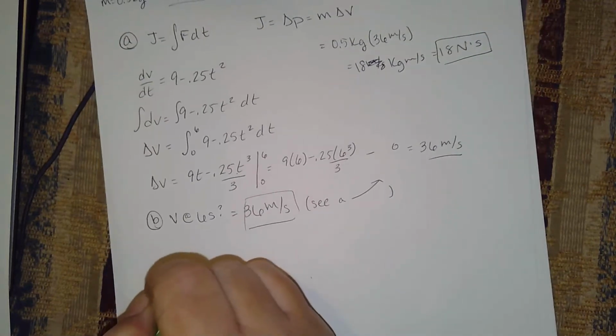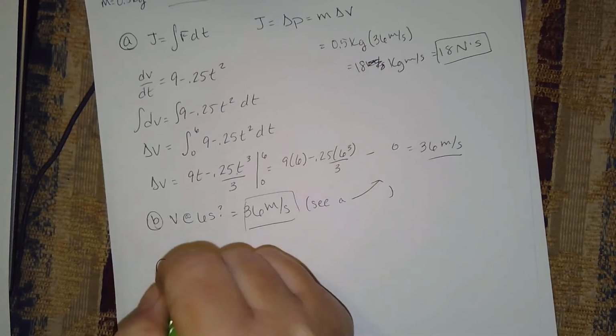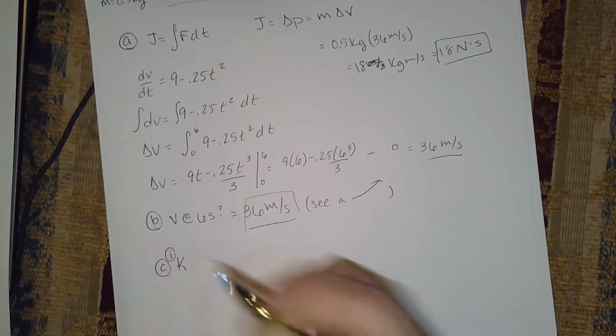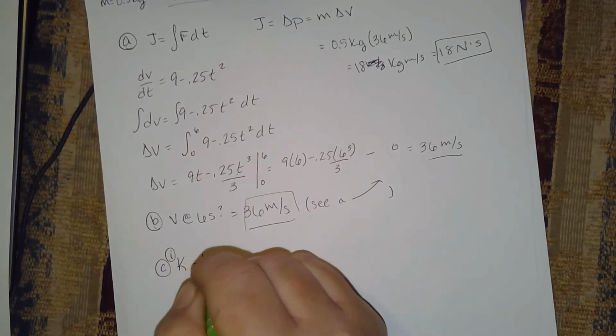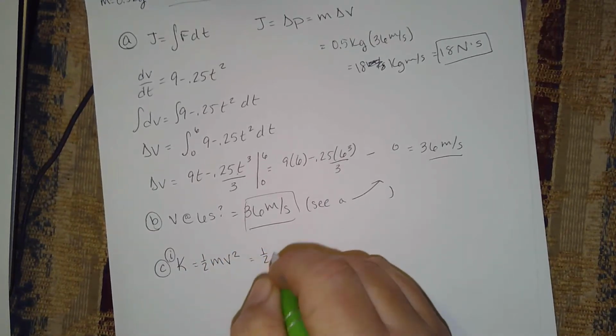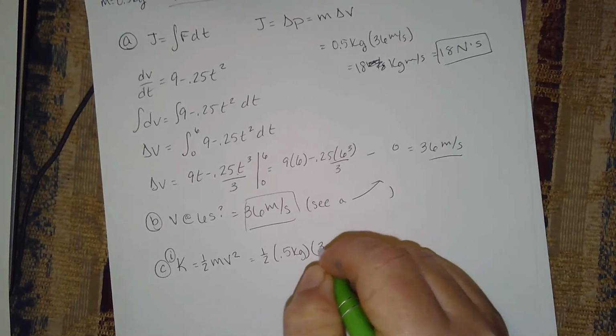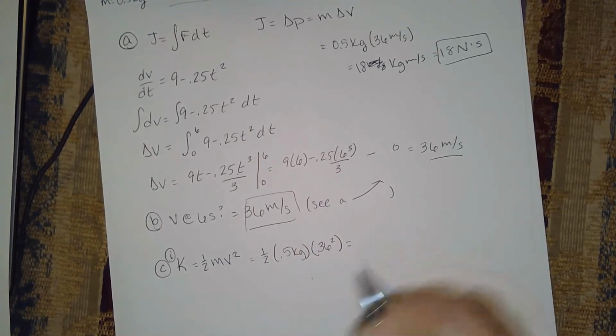Right, then I go to C, and it says calculate the kinetic energy of the rocket at 6. Well, and that's on I, excuse me. Kinetic energy is 1/2 mv squared. So I'm going to do 1/2 times my mass of half a kilogram times my velocity squared.